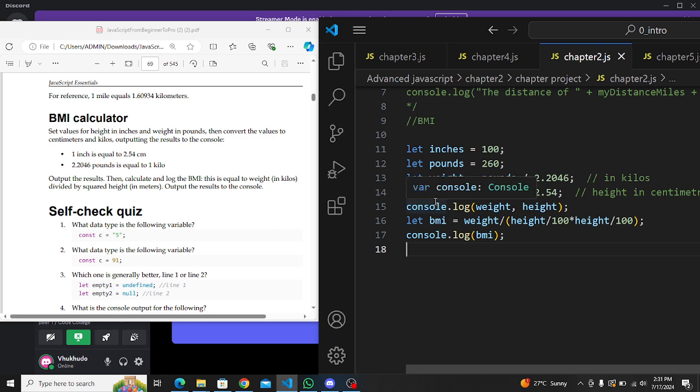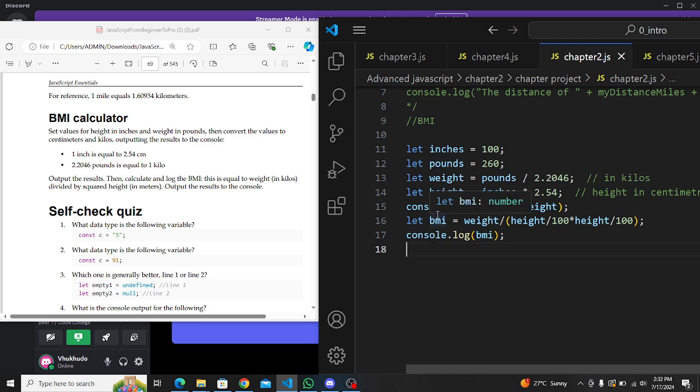Every time we want the height, when we have inches, we multiply with our reference. They said 1 inch is equal to 2.54 centimeters. So we're gonna say 100 multiplied by 2.54.